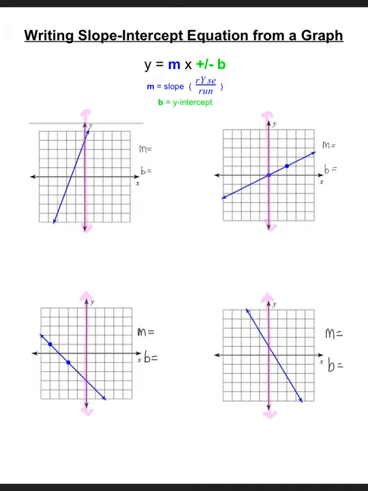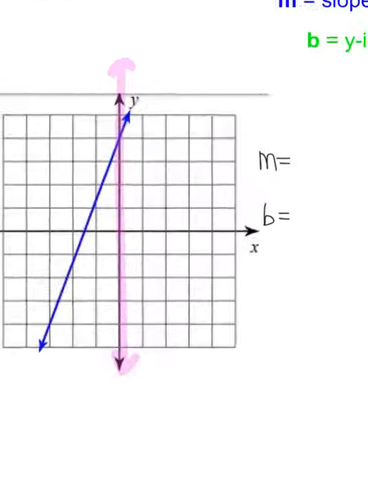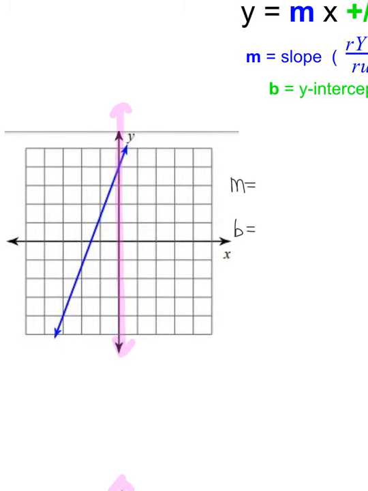For the slope, I need to choose two good points on my graph. If I pick this one down here and this one all the way up here, the other ones are kind of iffy. Then if I start at my left point, I'm going to rise, so go up 1, 2, 3, 4, 5, 6, 7, 8.